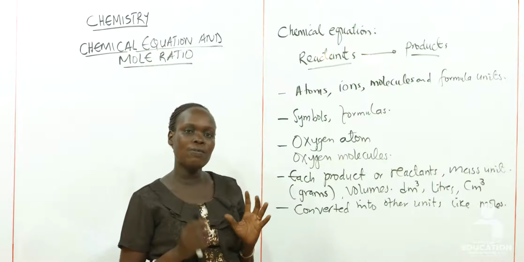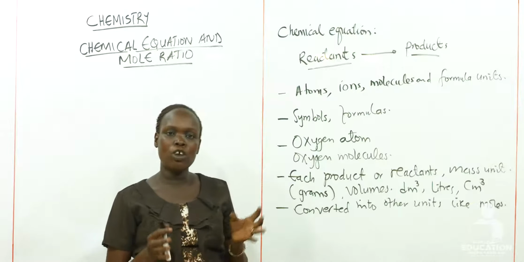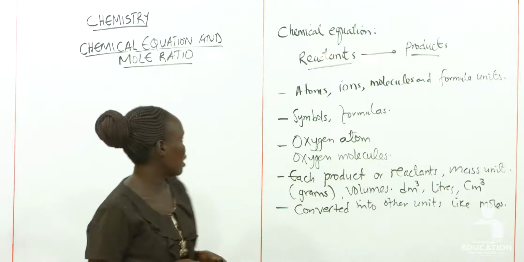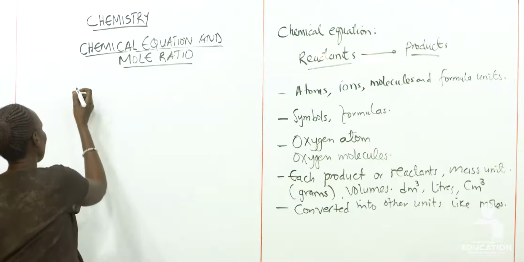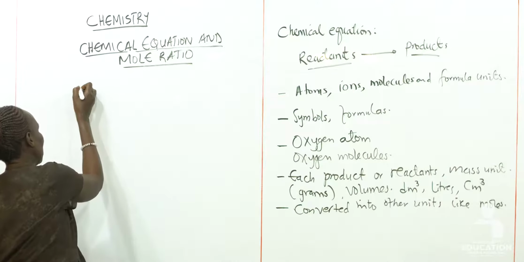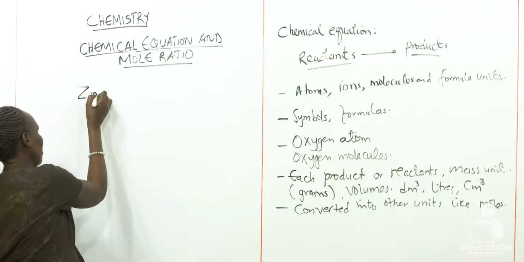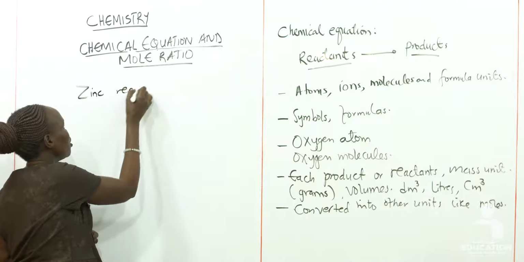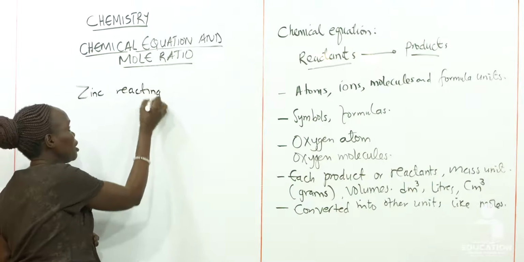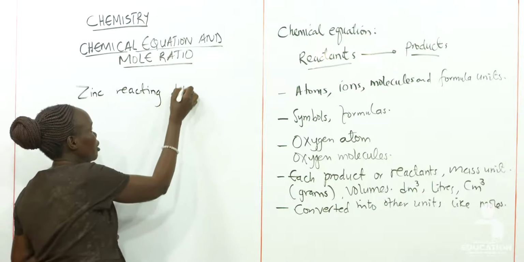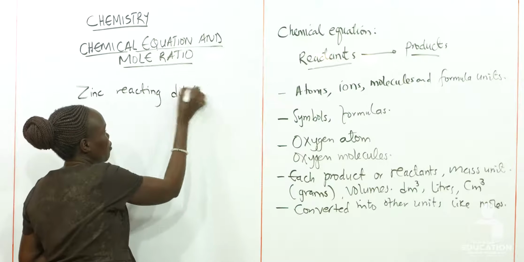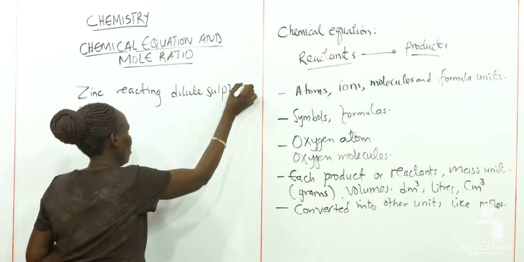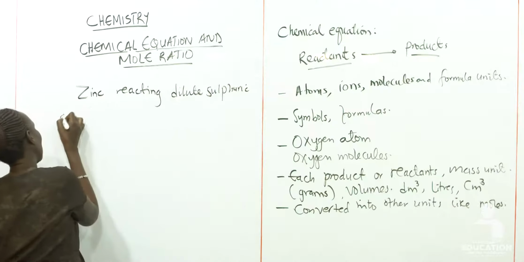So in this case, we have to represent it by symbols in order to give clear information. You can have an example here, where zinc is reacting with dilute sulfuric acid.